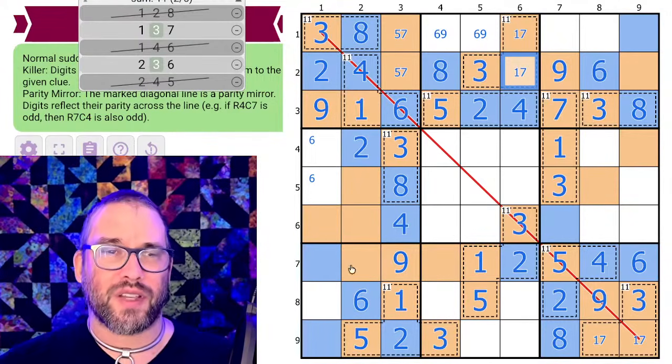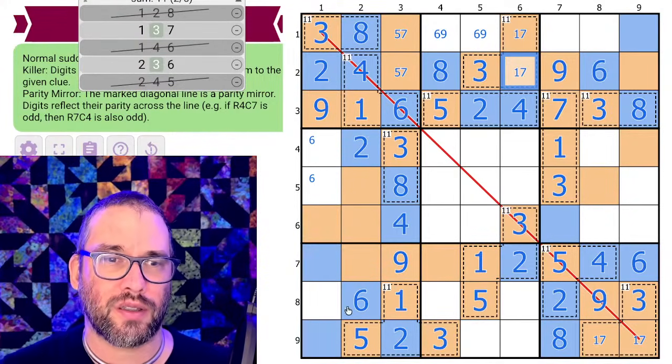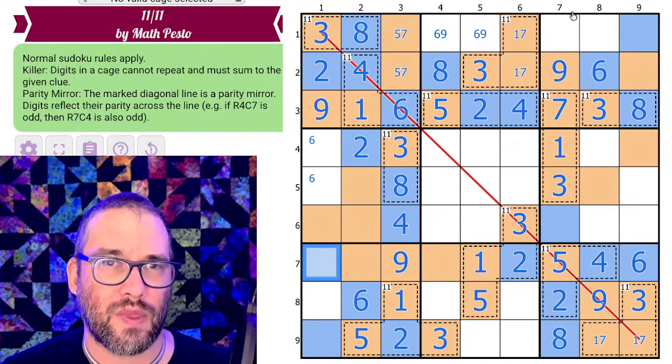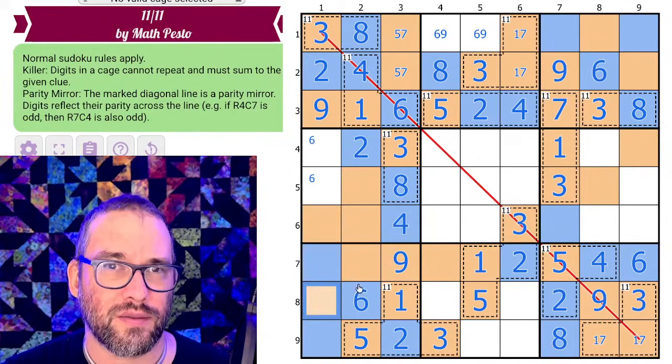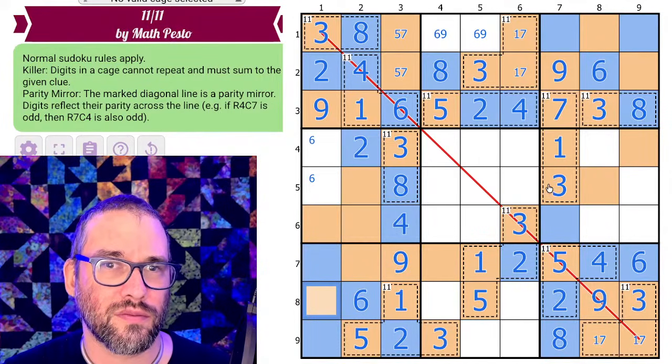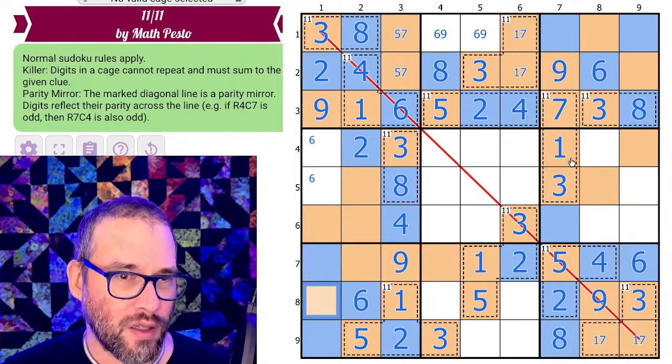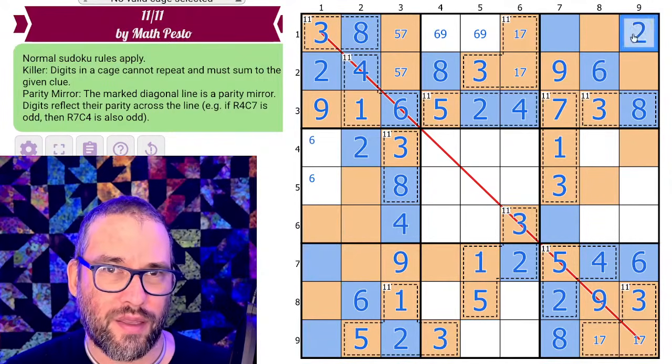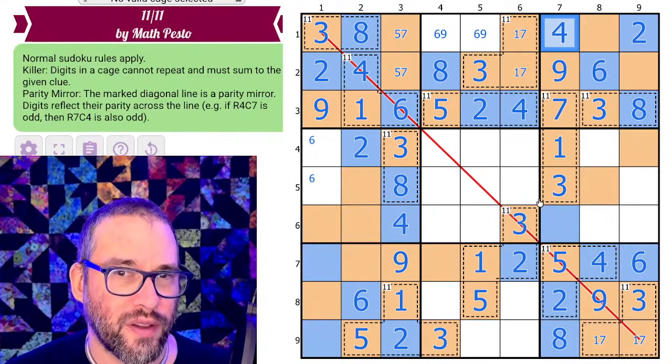All right, I have a ton of reflection to do. This is now our last even. These are odd. That's 2, that's 4 if we're filling in values.